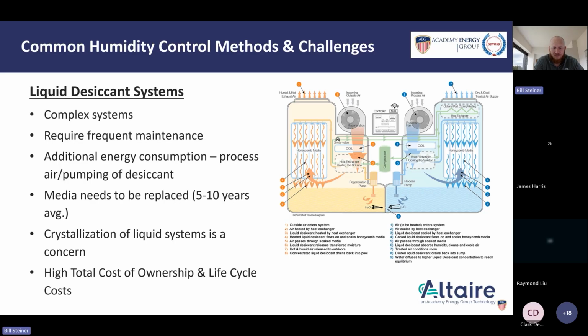These haven't really been out quite long enough to get a good handle on what their life cycle costs are, in terms of how long the media really lasts. What kind of component failures would you see over the course of 20, 30, 40 years? So they're also a little bit of an unknown.